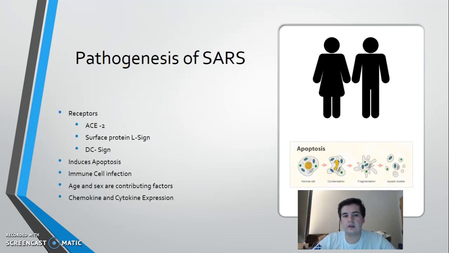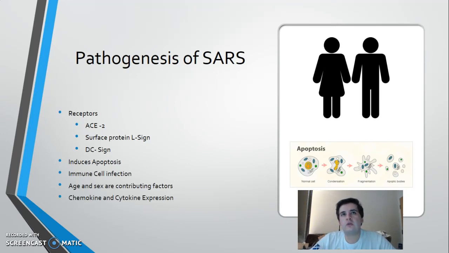So you see DC-SIGN on dendritic cells and some macrophages, and you see L-SIGN particularly on some types of liver and lymph cells. But those are alternate receptors. So typically, SARS is really going to attack and infect cells that express ACE2.